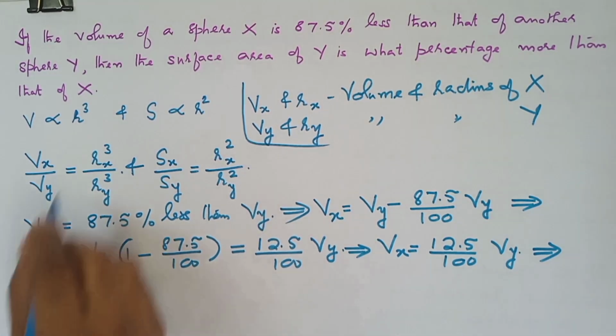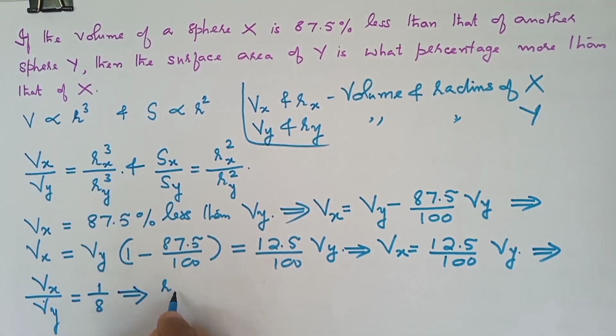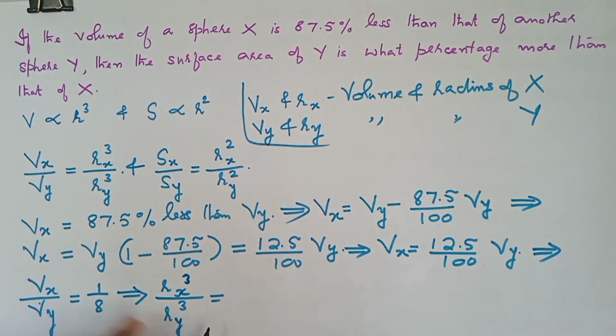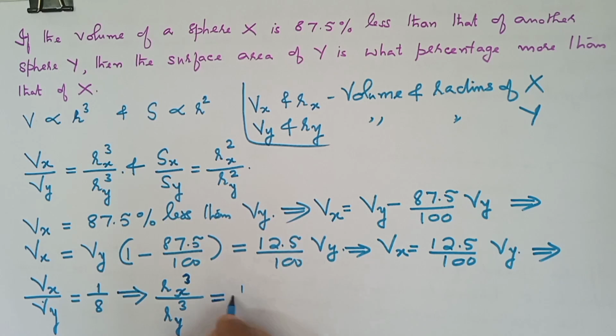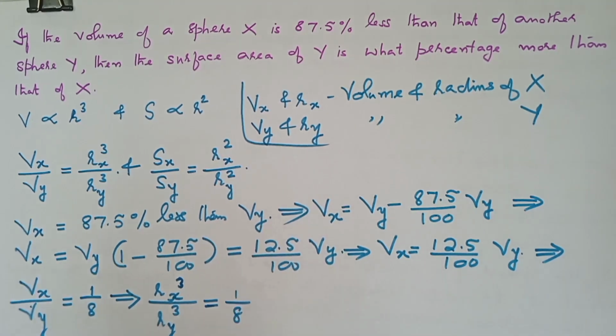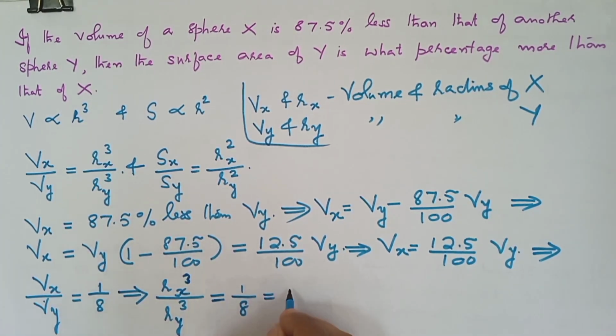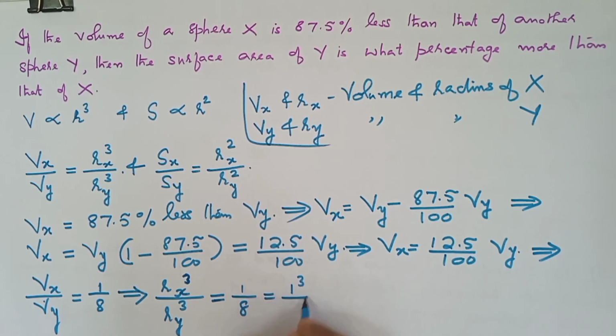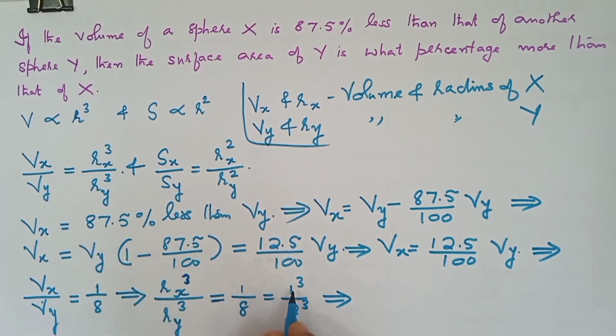See, Vx by Vy is equal to Rx cubed by Ry cubed. So you substitute that here, you will get 1 by 8. Now 1 by 8 is 1 cubed by 2 cubed. So take the cube root on both sides.